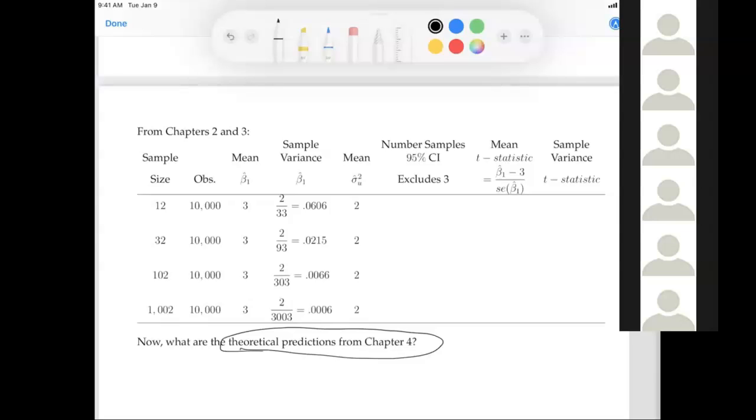But what are we doing? In chapter 4, we added the assumption of normality. Yeah, a normal distribution. Do we have a normal distribution in this circumstance? No, we don't. We have something far from normal.